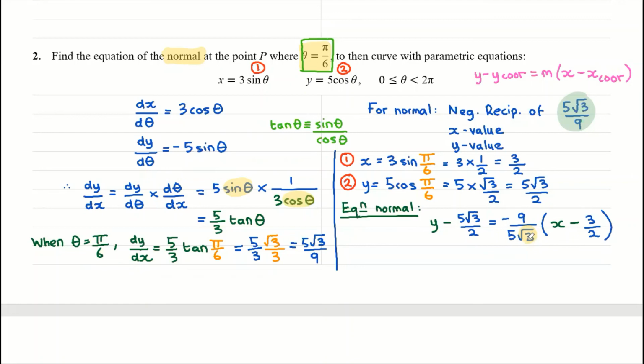So that would essentially do the job. But bear in mind, questions may ask you to write the normal or the tangent, whatever it is you're looking for, the straight line, in a particular fashion. So just be aware. Okay. If it doesn't, you can leave it like that and get full credit. Okay, so that concludes differentiating parametric equations. Please try the exercise and best of luck.